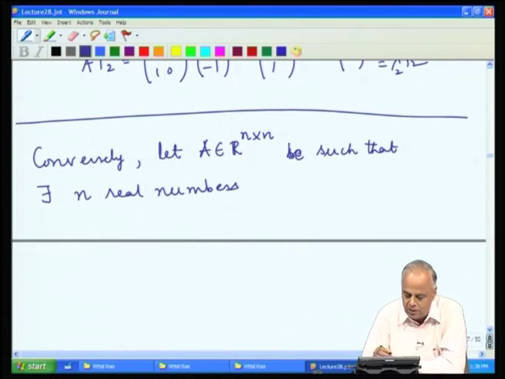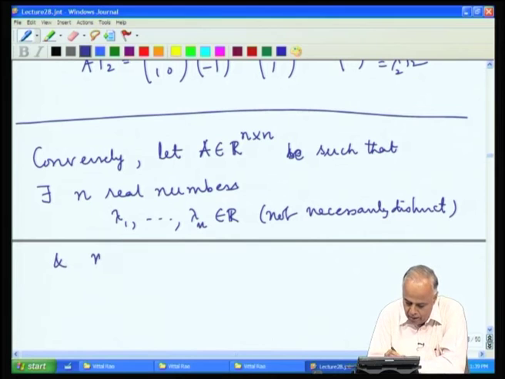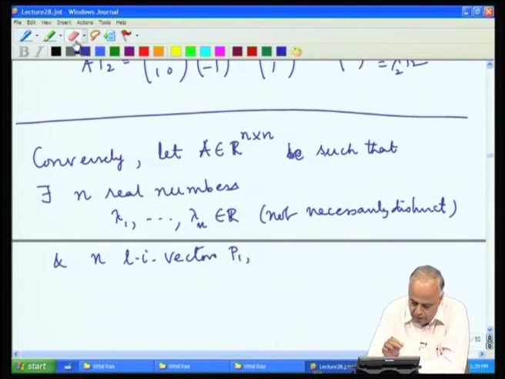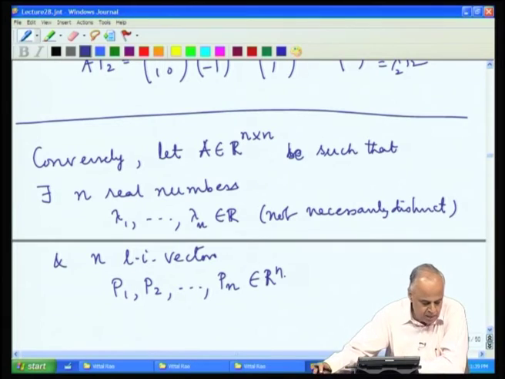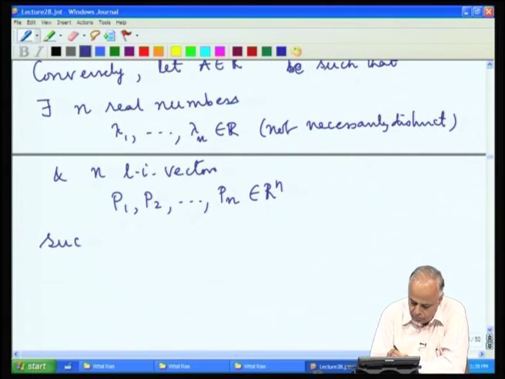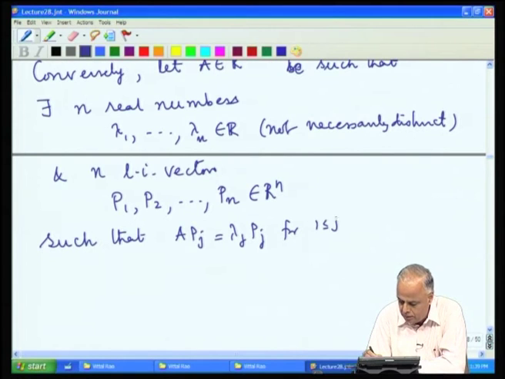Now we are assuming the existence of these numbers lambda 1, lambda 2, lambda n, not necessarily distinct, and n linearly independent vectors p 1, p 2, p n in R n such that A p j equal to lambda j p j for 1 less than equal to j less than equal to n.